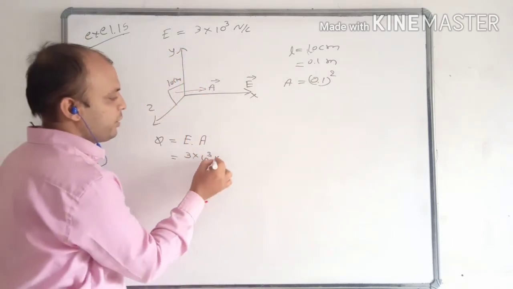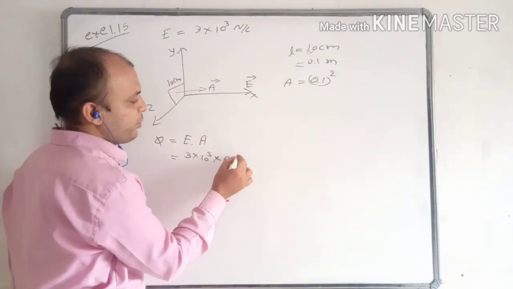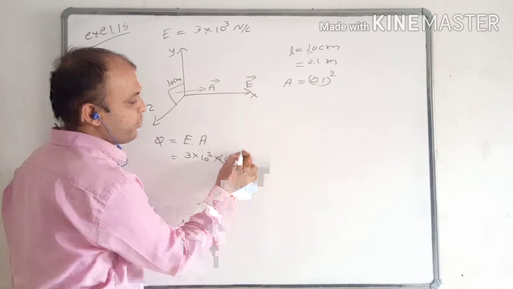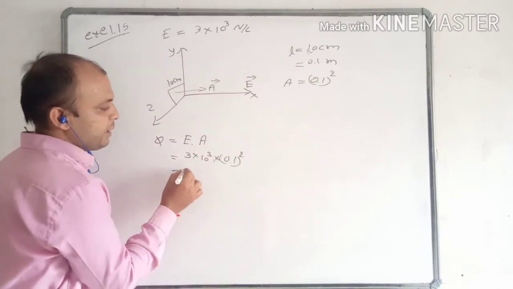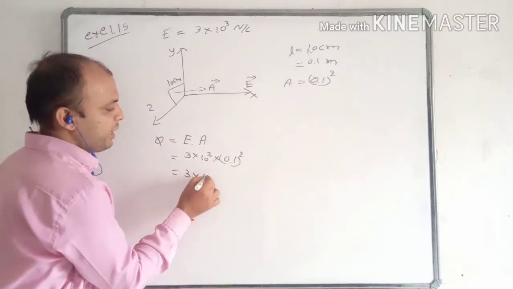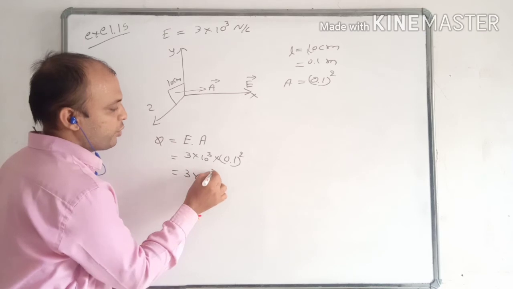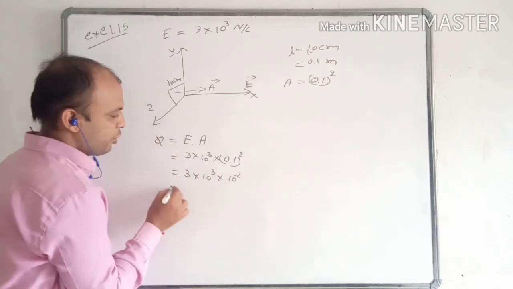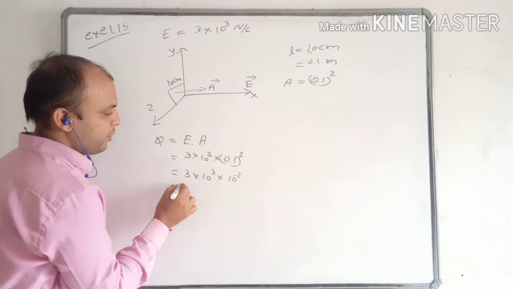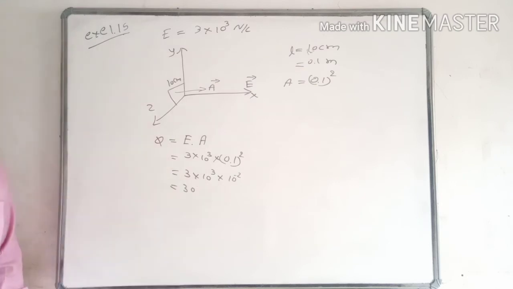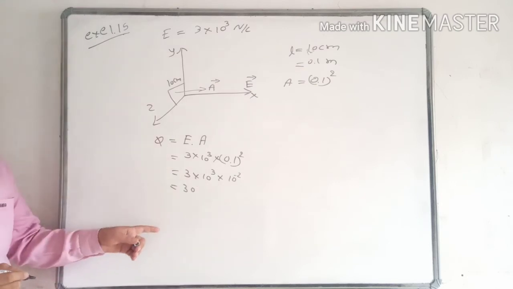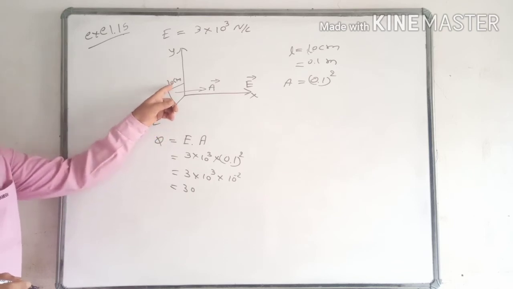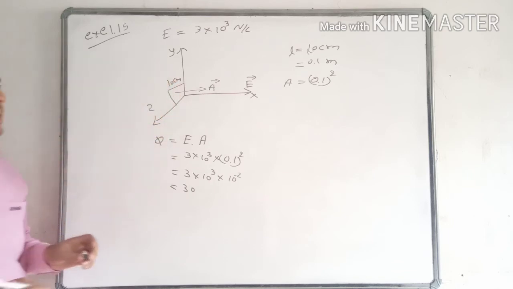So this will be 3 into 10 raised to minus 2. So this is the answer, the electric flux passing through the area of 10 centimeter length.